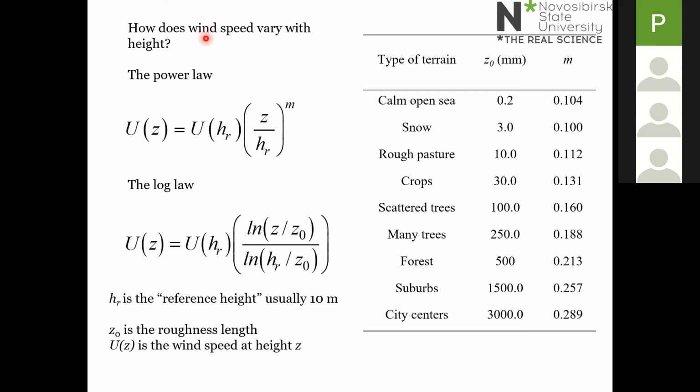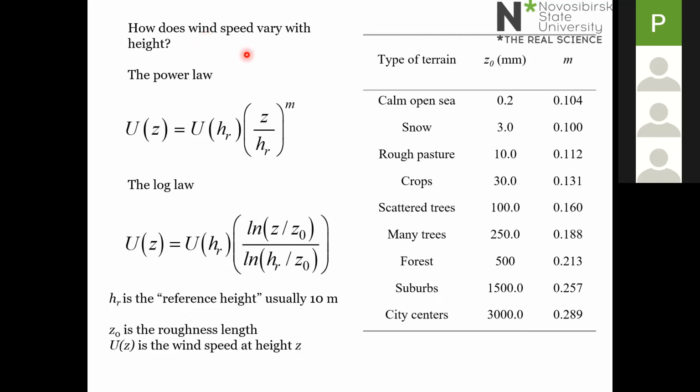Okay, if you know anything about meteorology, you'll know what I mean when I say the atmospheric boundary layer. The first several hundred meters above the Earth's surface is in effect a boundary layer flow. The wind speed at the ground is zero, and normally it increases with height.